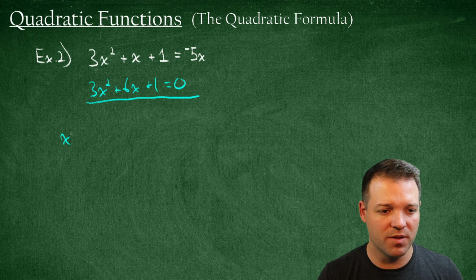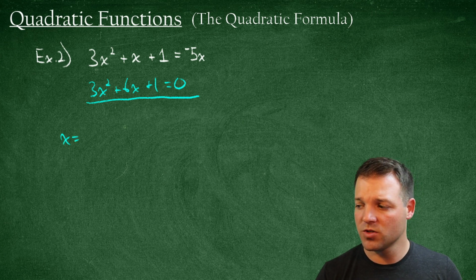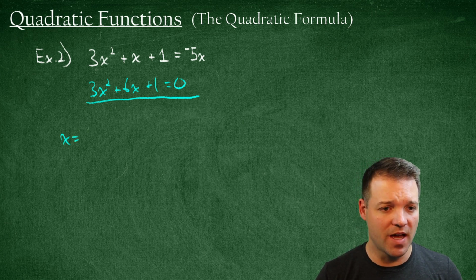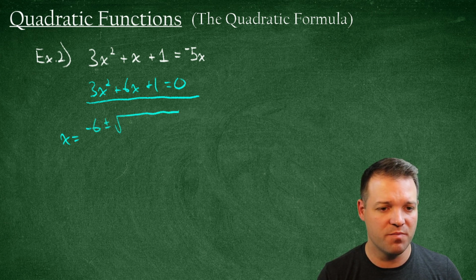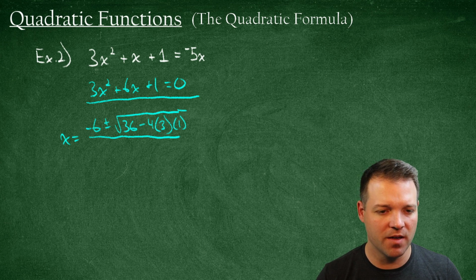And we'll go ahead and apply our quadratic formula. So I have x is equal to the opposite of b, so negative 6, plus or minus the square root of b squared, which is 36. 6 squared is 36, minus 4 times a times c. Notice I try not to do too many steps at once in my head, otherwise you'll be prone to make mistakes.